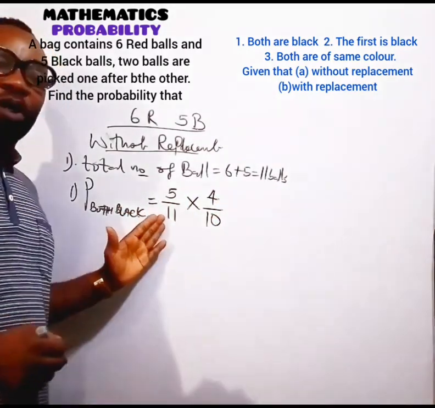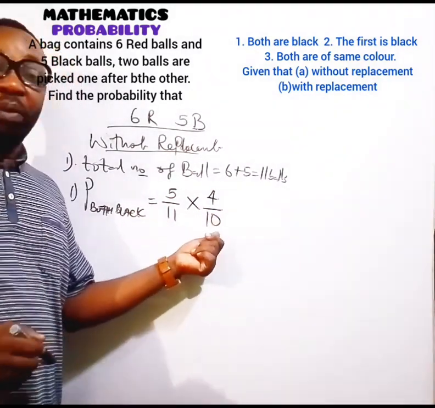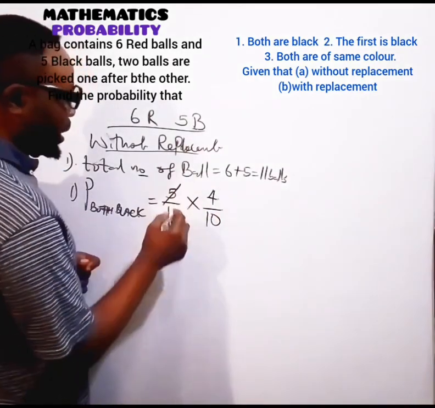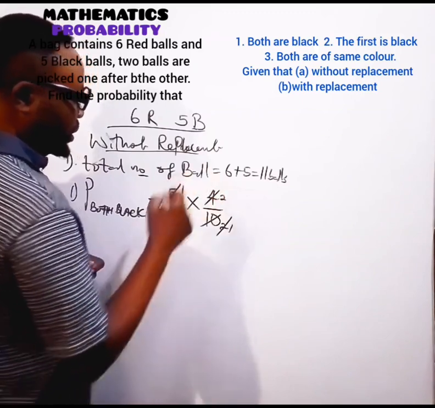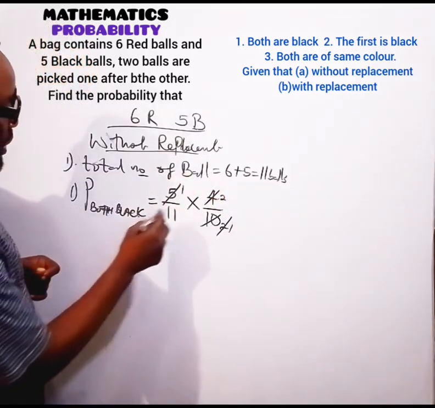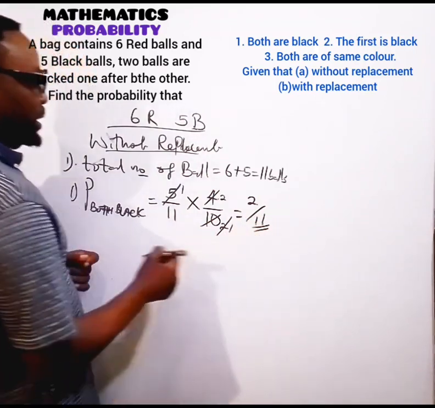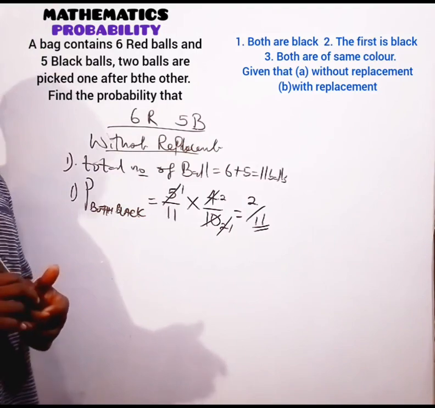And the total number of balls that we have there will have as well reduced by 1, which makes this equal to 10 now. We can now cancel out: 5 here 1, 5 here 2, 2 here 1, 2 here 2. So we're going to have it to be equal to what? 2/11. That is the answer, that both balls are black.